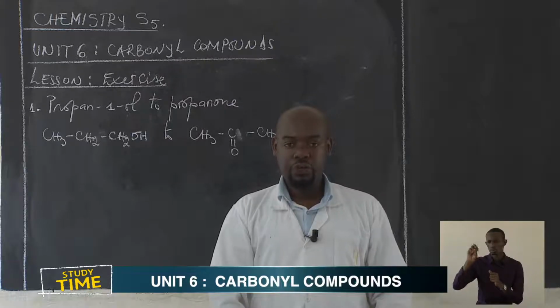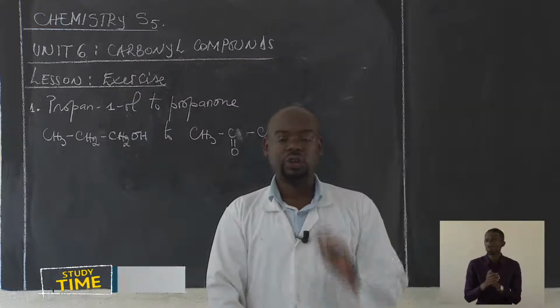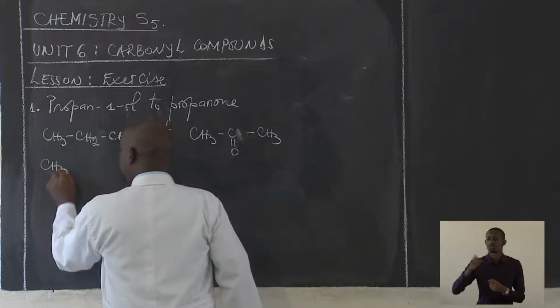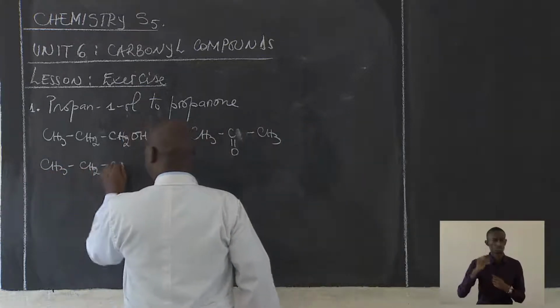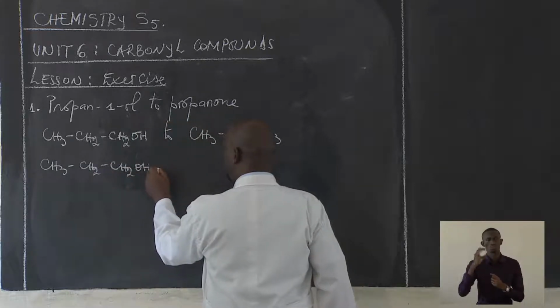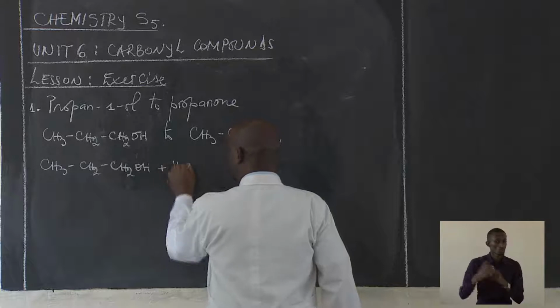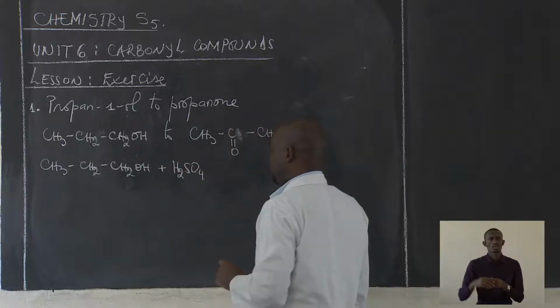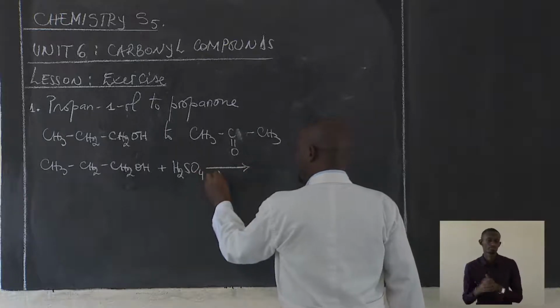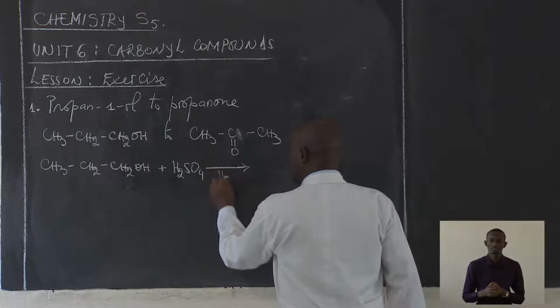Following the Markovnikov rule, we will produce a secondary alcohol. So we proceed like this. CH3CH2CH2OH, and we add H2SO4 for dehydration with some heat.